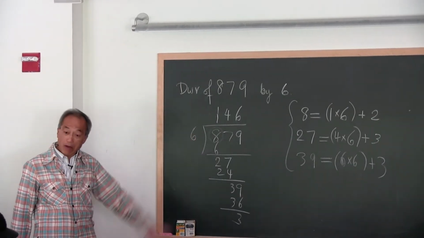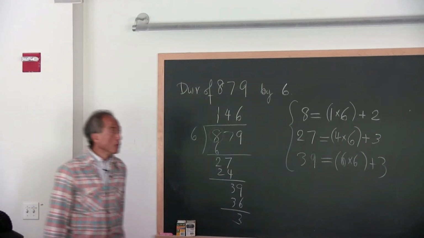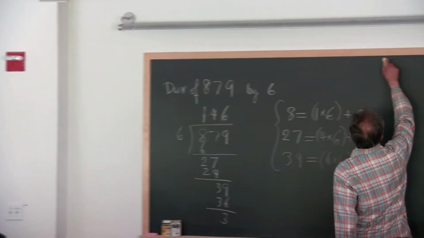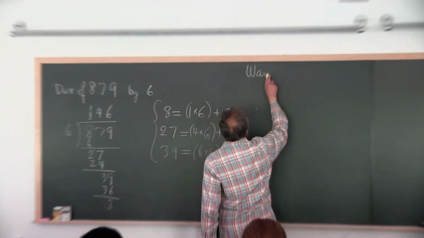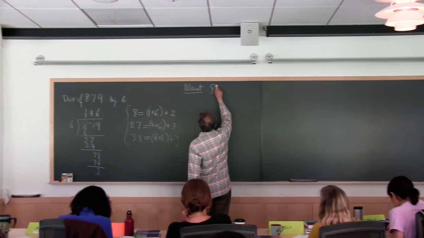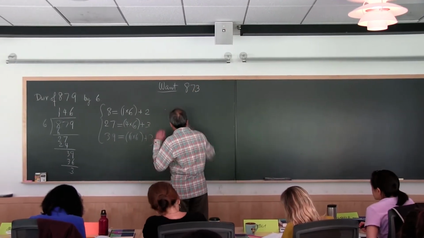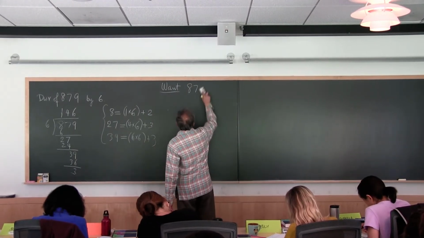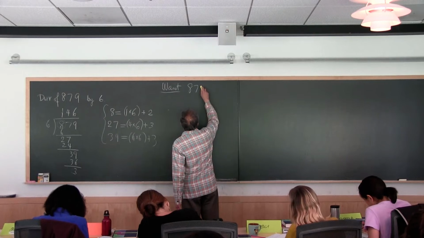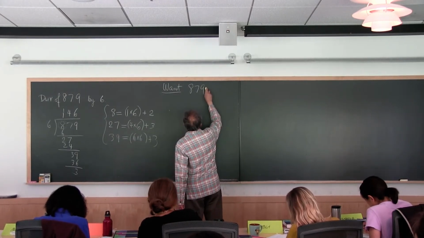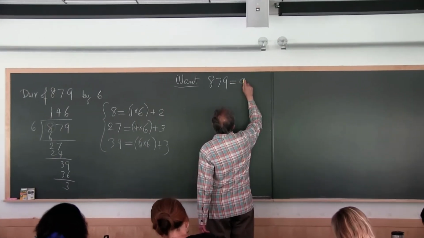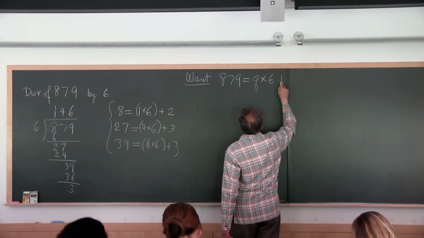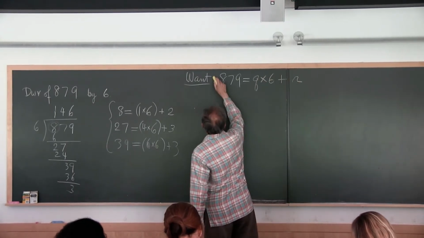Okay, so now we try to make sense. What we know is 879 is equal to Q times 6 plus R. That's what you want.